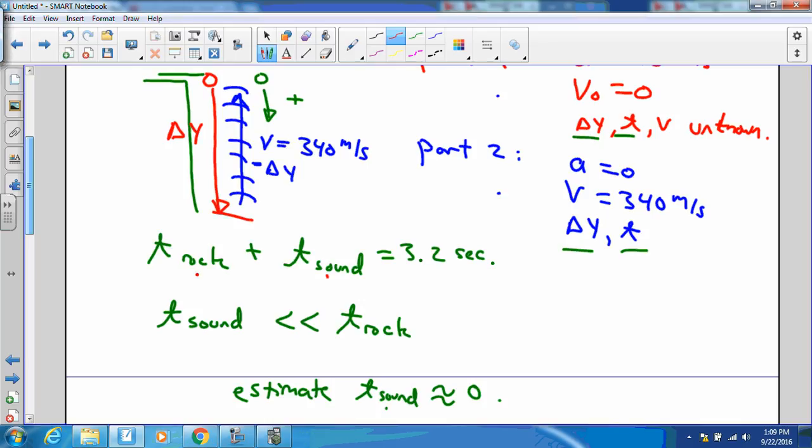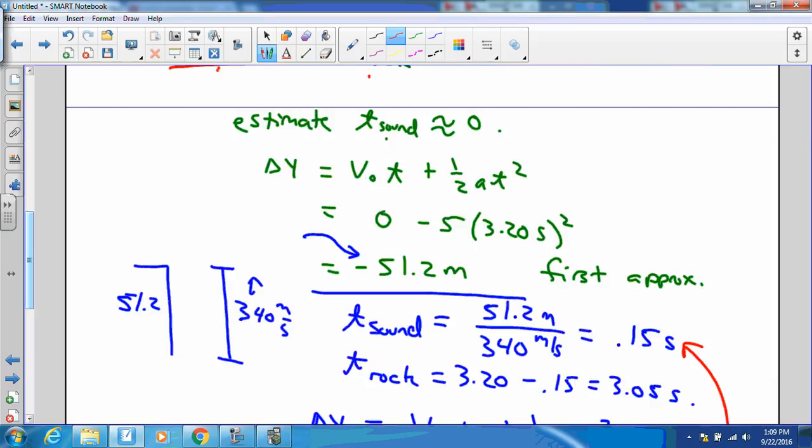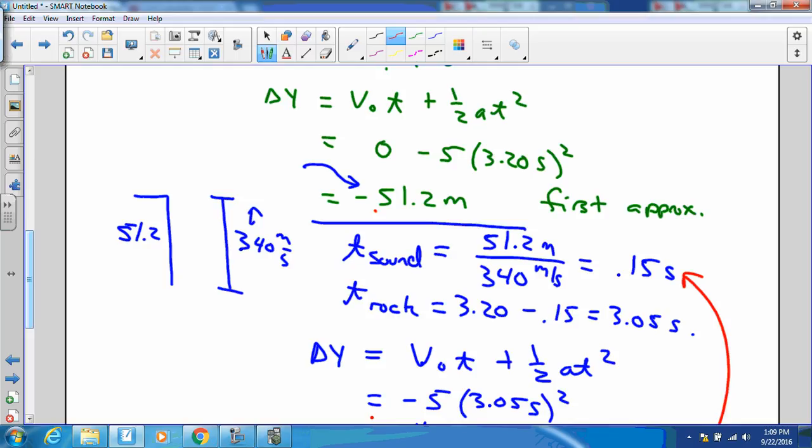So what is the moral of this story? The moral of this story is that when we have two quantities that are being added together, like the time for the rock and the time for the sound, and one of those quantities is significantly less than the other quantity, and you have physical reason to believe that, then it makes a whole lot of sense as a first draft answer to pretend that the smaller quantity is basically zero.